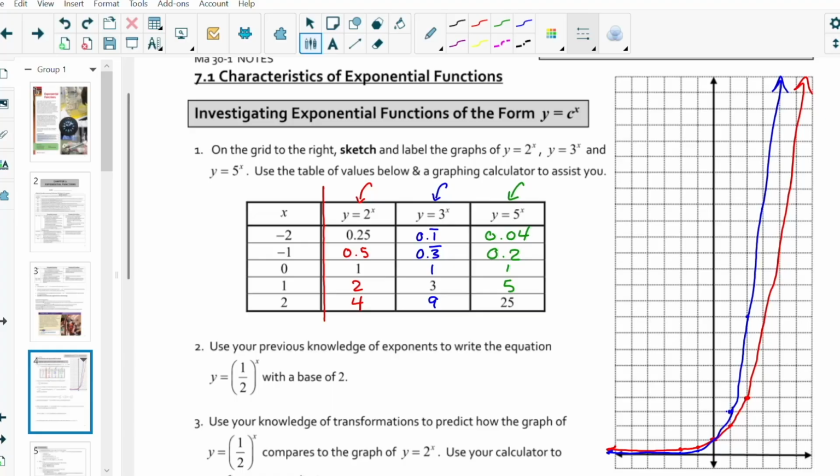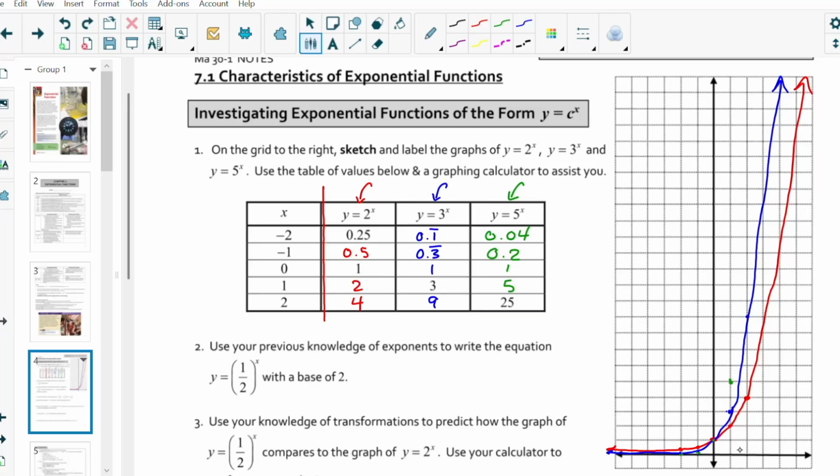Last one, -2 and 0.04, so even shallower. -1 and 0.2 right there. 0 and 1, and 1 and 5.